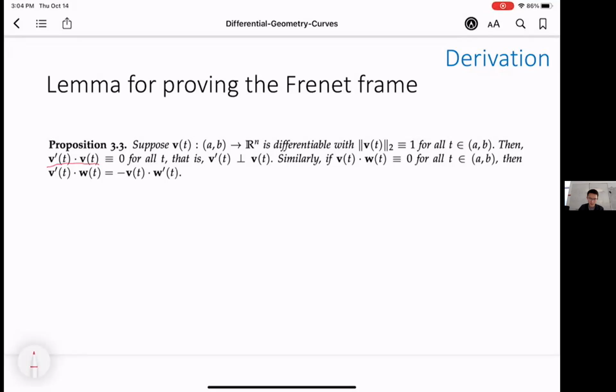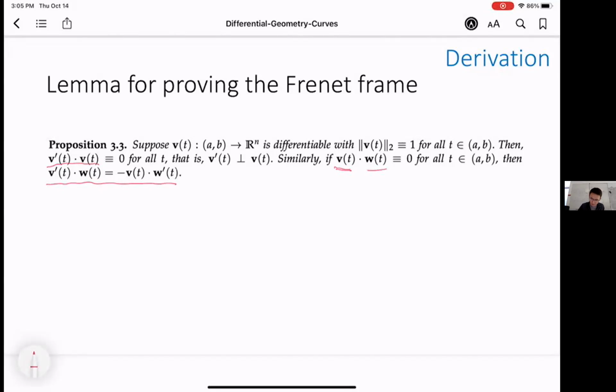In other words, my first derivative will be perpendicular to myself if I am unit length. The second one is saying that if I have two different vectors, then I can come up with this identity to describe their relationship with their first derivative. These are the two lemmas we will need to prove the theorem on the previous page.